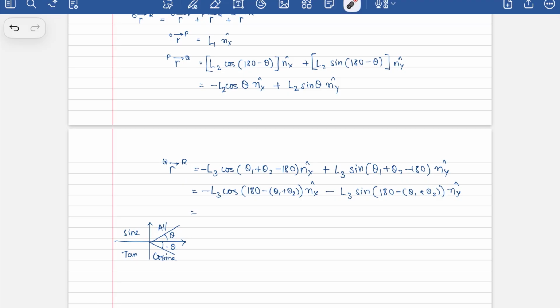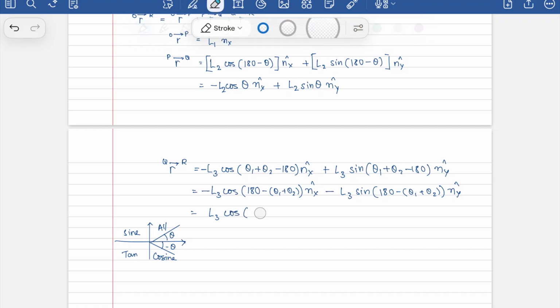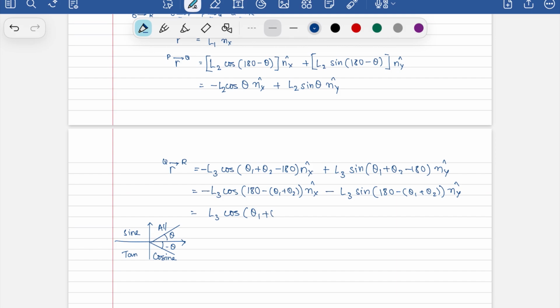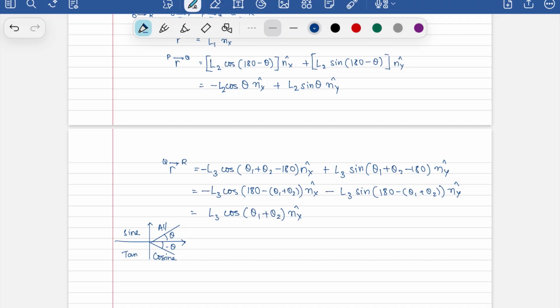So since I have a minus before that, it'll be minus of minus, so positive L3 cos of theta 1 plus theta 2 in the x hat. And in this case, it is 180 minus theta, but now it's sine, so the sign remains the same. It'll be minus L3 sine of theta 1 plus theta 2 in the y hat.